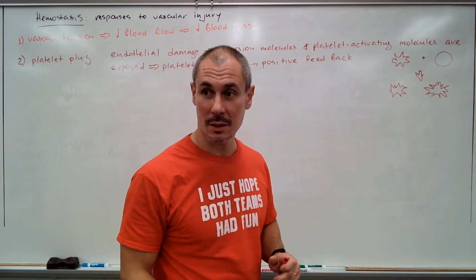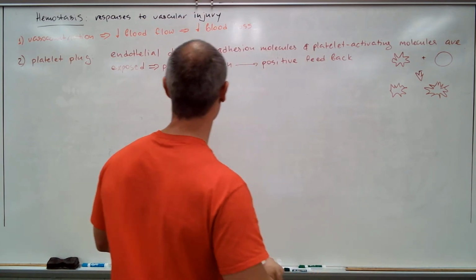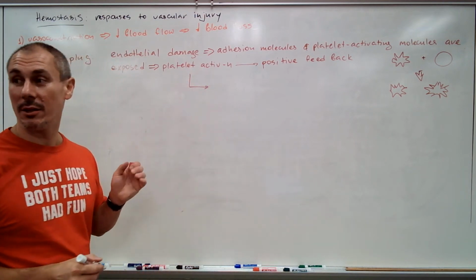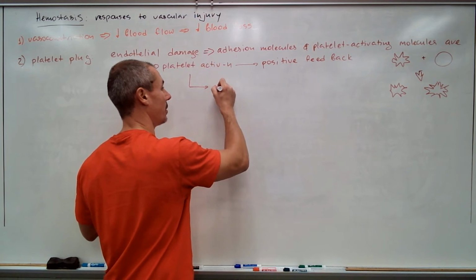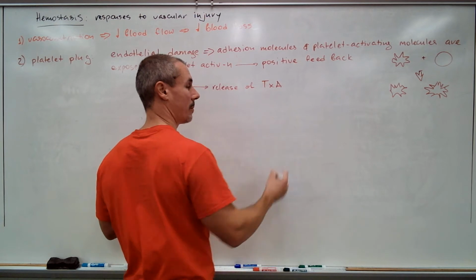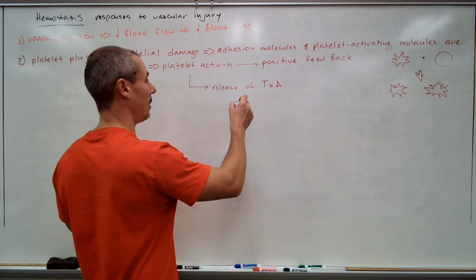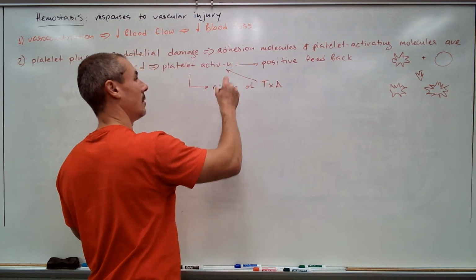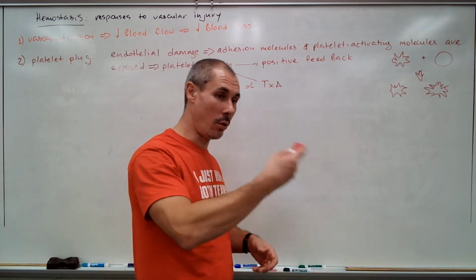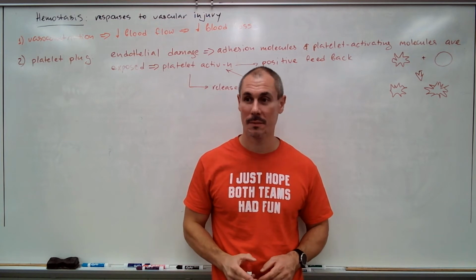You see what I'm saying? They're like zombies. One touches another and now they're two zombies. On top of that, look. Platelet activation results in the release of thromboxane A. Okay? And what does thromboxane A do? It activates platelets. So you see, the whole process is cascade-like. Are you with me on this one?